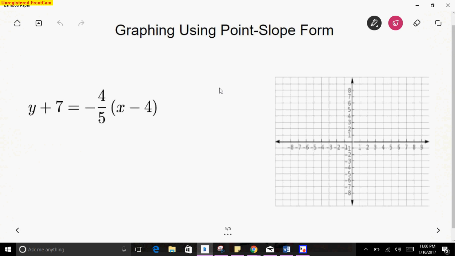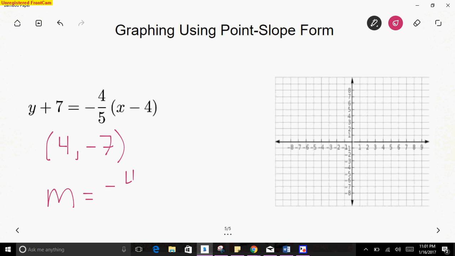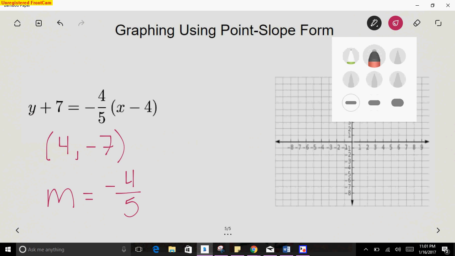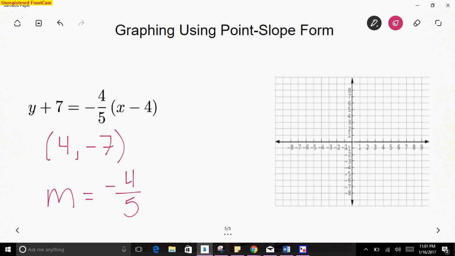Once again, first thing we're going to do is pull the information from our equation. So our ordered pair is going to be +4, -7, and our slope would be -4/5. Once again, our first step is just to plot our point.